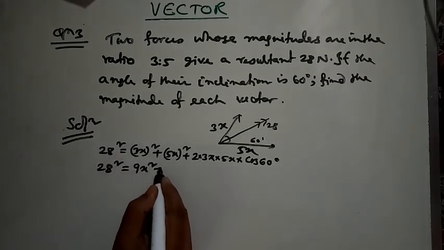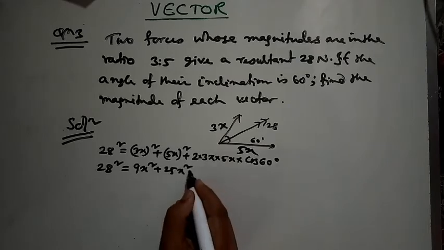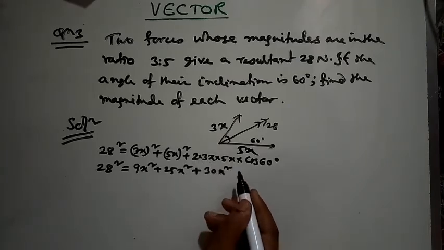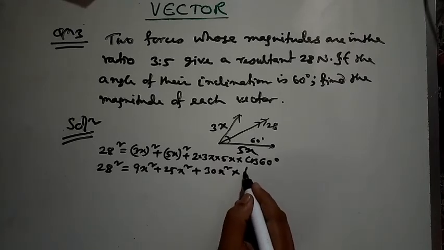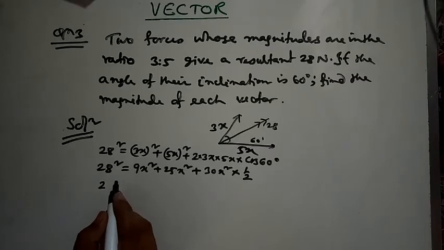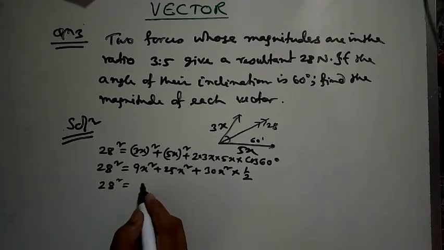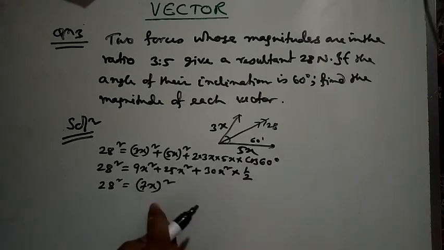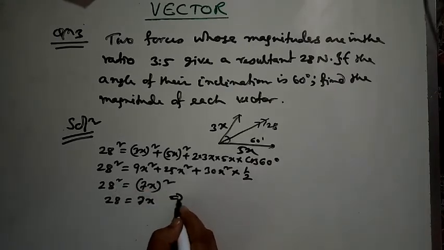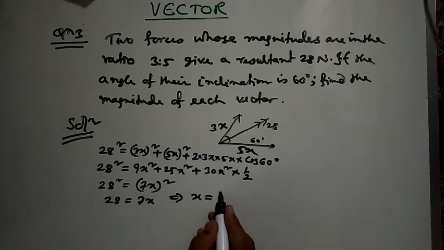It is 9x square, 25x square, 30x square, and cos 60 is half. After solving it, you can solve yourself, 28 square equals 49x square, like that. So 28 equals 7x, so x equals 4.